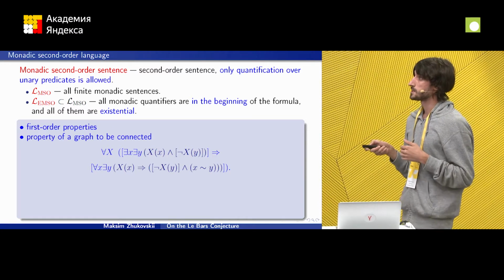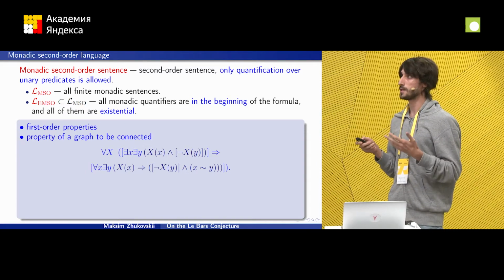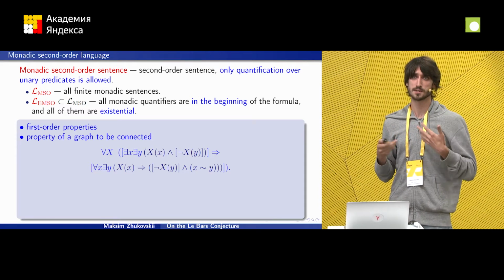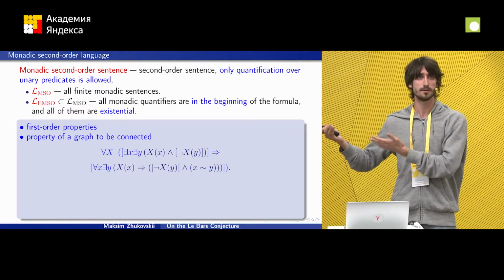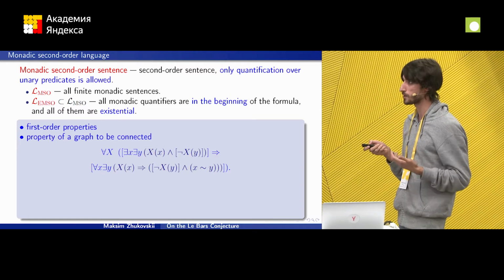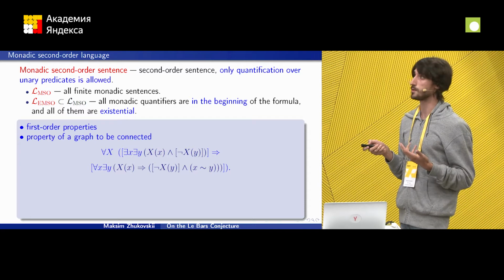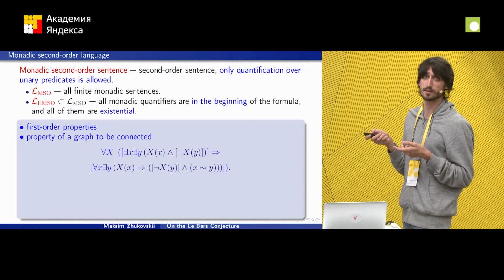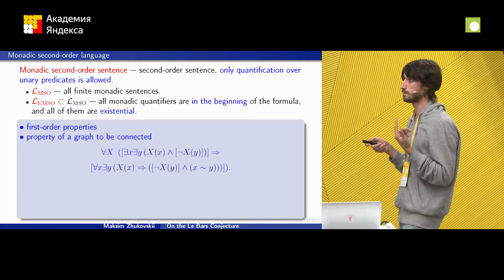So what does it say? It says that for every set x. Why do I say set? Because what does it mean to consider a function of one argument? It is the same as considering a set, because we have a set of vertices for which it equals 1, and there are other vertices for which it equals 0. So I can say that for every set x such that it is not trivial, so there is x inside and there is y outside, then there is an edge.